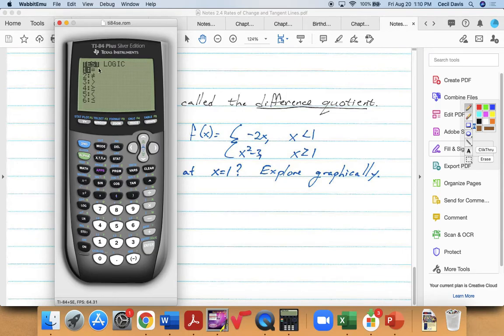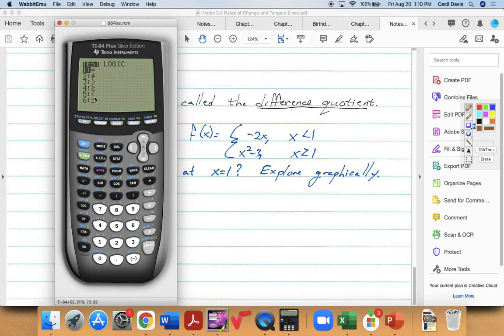there's all these different logical tests. We want x to be less than 1. I'm going to multiply this times x, second math.